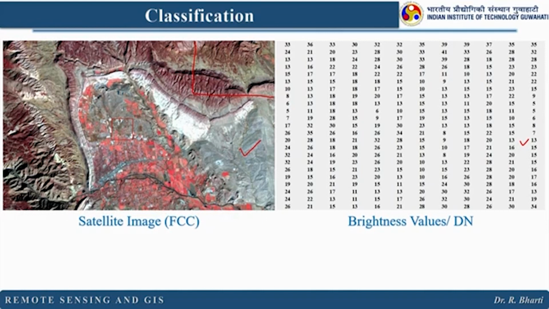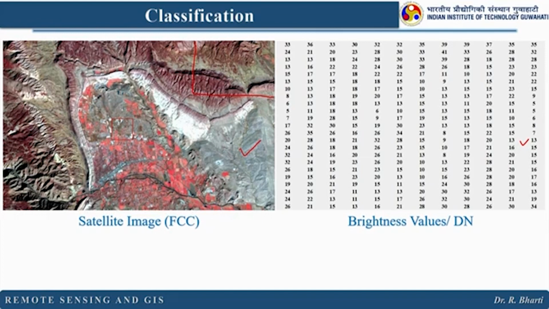You can see that these numbers are associated with the pixels captured by your satellite image. But what other information do you have here? Nothing, just the position, that means the spatial information: latitude, longitude and then digital number.